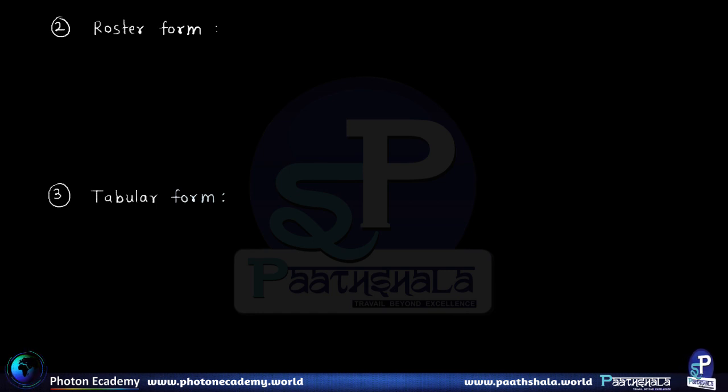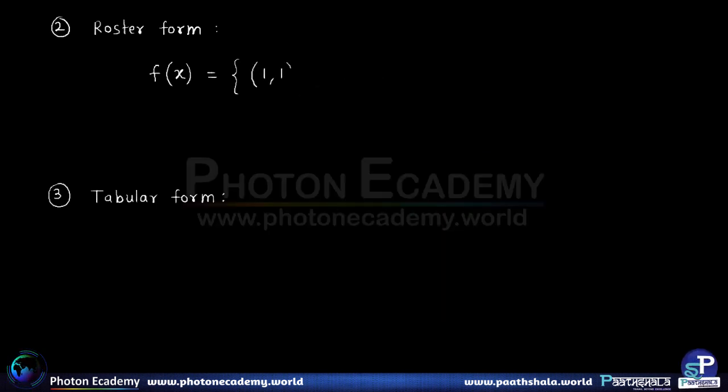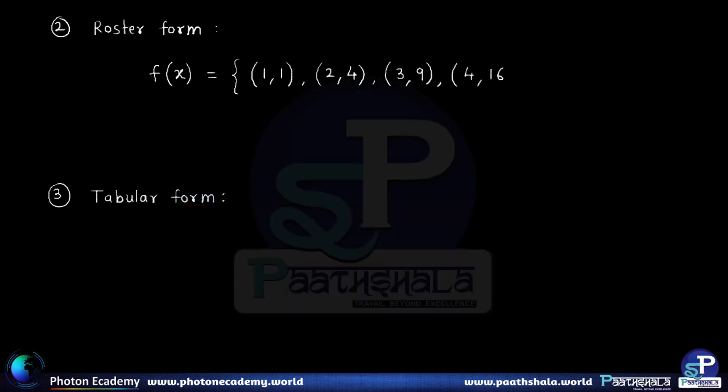So if we consider the previous function which we took as an example, we can write that particular function as the set of ordered pairs, that is, the first pair was 1, 1, it's the square of 1. The second pair we will write as 2, 4, 2 square is 4. Then the third is 3, 9 and the last is 4, 16. Alright. So this is the roster form.